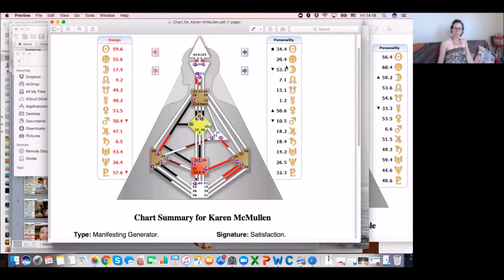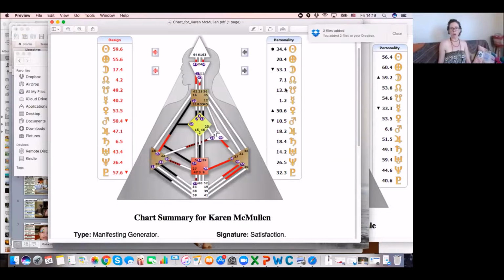And you'll also notice that every gate, every hexagram in your chart, and there are, again, 13 gates activated on the personality side and 13 gates activated on the design side, also has a line associated with it.